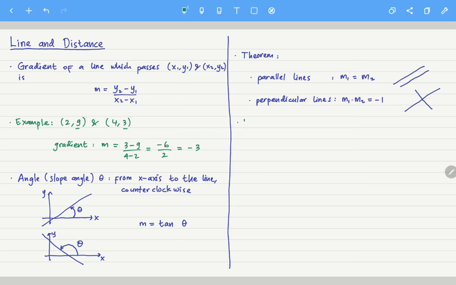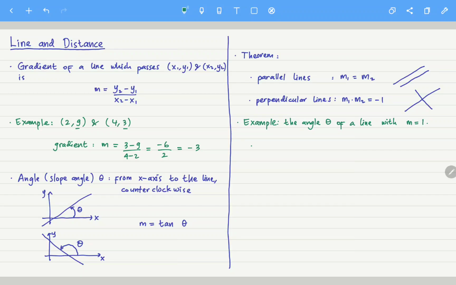So let's see an example. The question is to find the angle theta of a line with the gradient equal to 1.